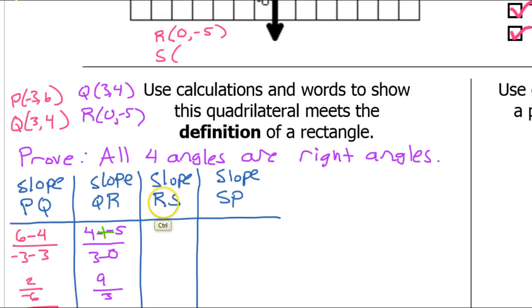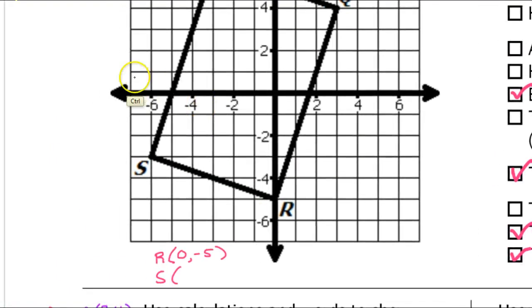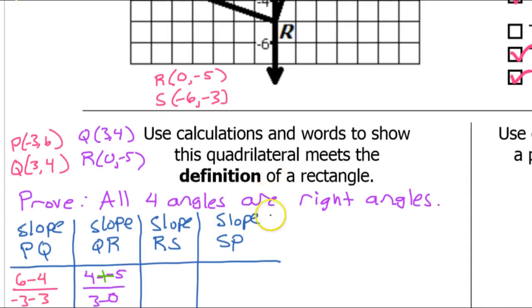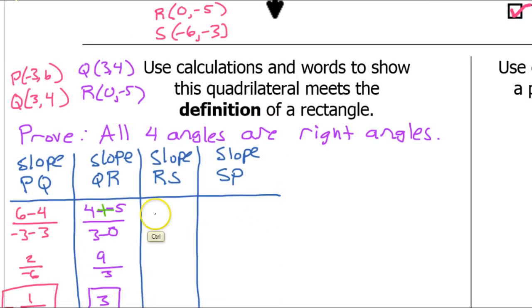Now it's time to find the slope of RS. We already know that point R is 0, -5. How about S? S is -6, -3. Let me keep that on screen. I'm going to do y minus y over x minus x. So I'm going to do -5 minus -3 over 0 minus -6.